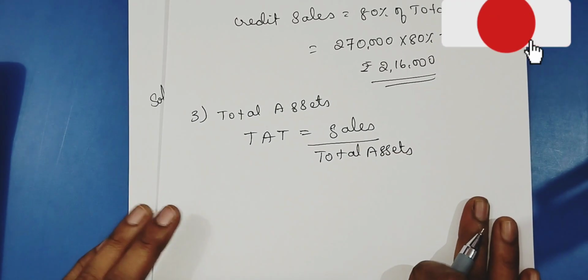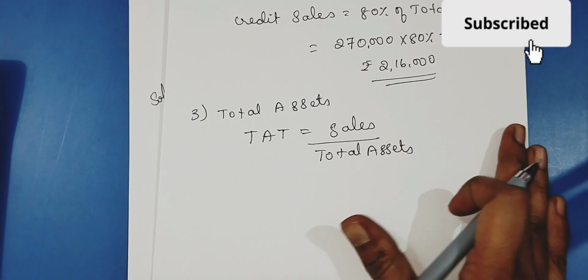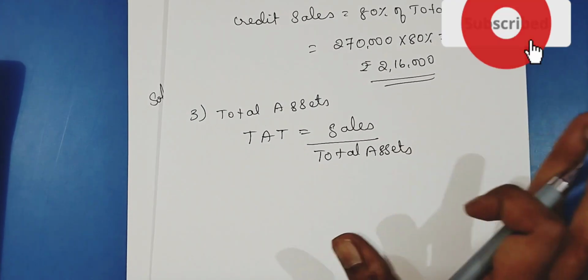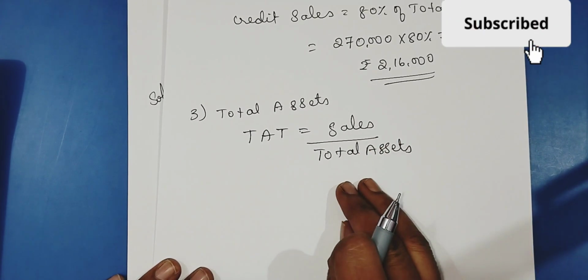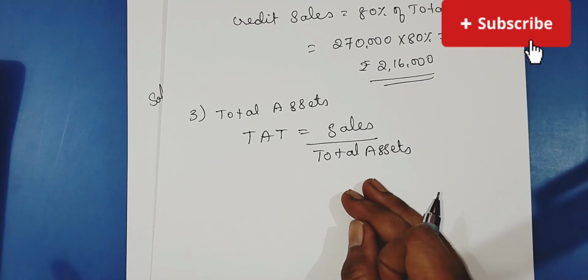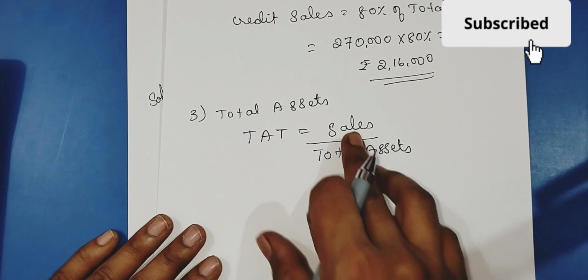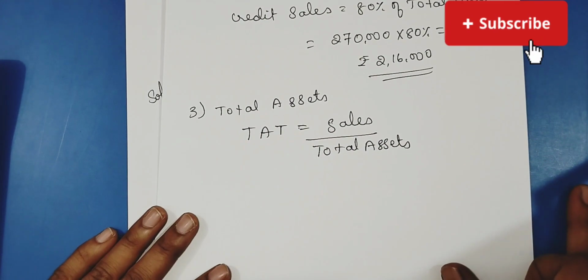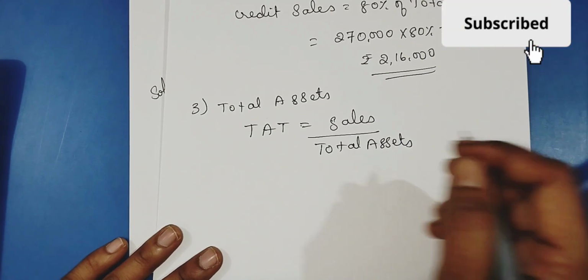So why did we find sales? Now understood? Because to calculate all the remaining turnover ratios, we need sales here. Turnover completely depends on the revenue whatever we have generated. Revenue means whatever we have generated through sales. So that is why we have calculated sales.